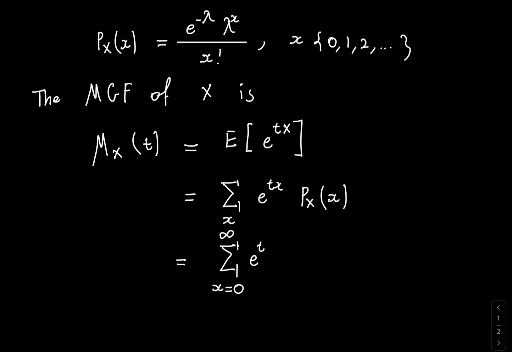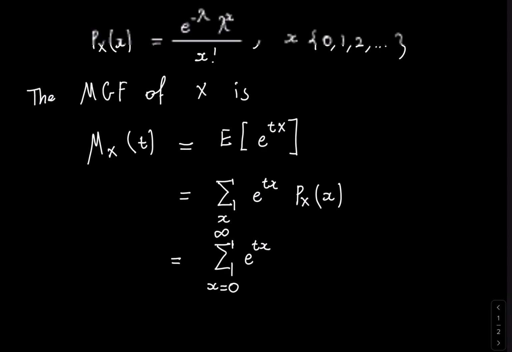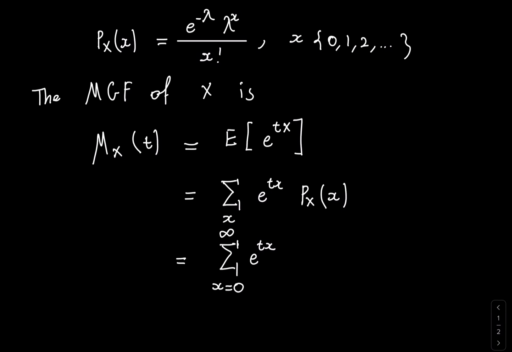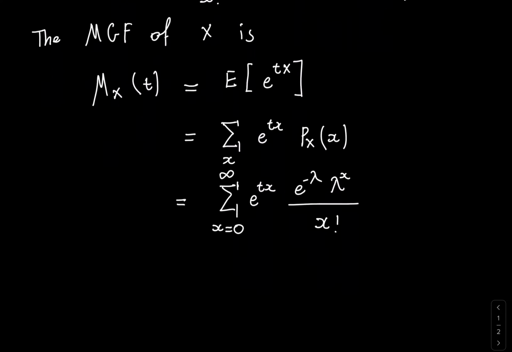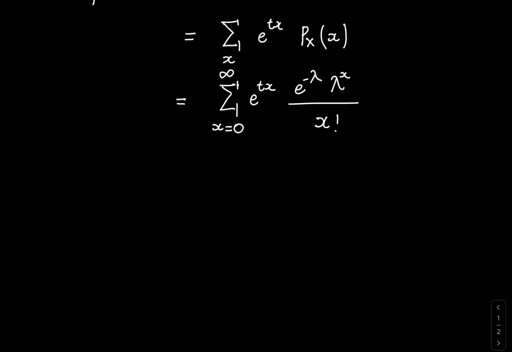We've got our e to the tx here, and then we substitute in e to the negative lambda, lambda to the x, all over x factorial. It's looking a little complicated, so let's see if we can simplify it a little.